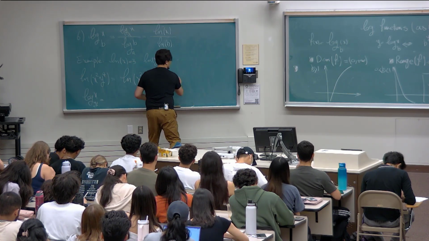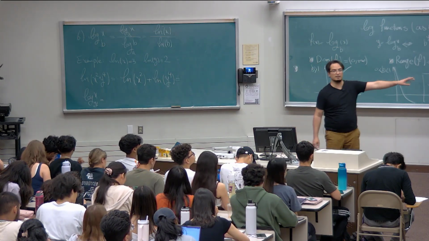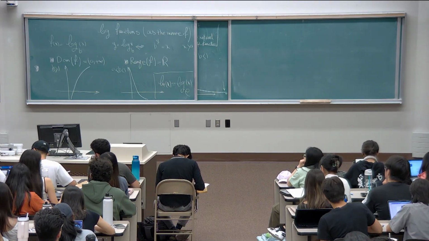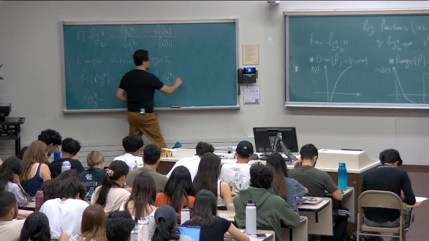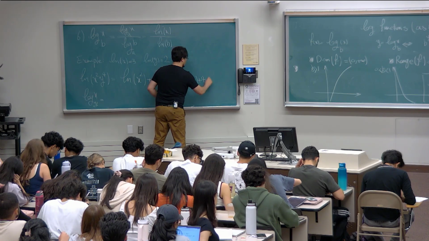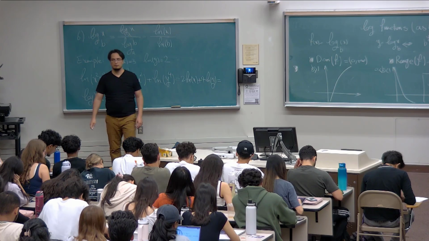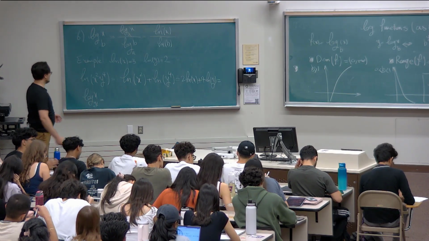Now, use that last property, property 5, the law of log. The exponent comes up front and becomes a coefficient: 2 ln x plus 4 ln y. Now everything is down to ln x and ln y.